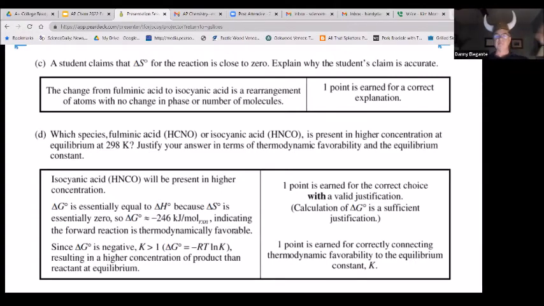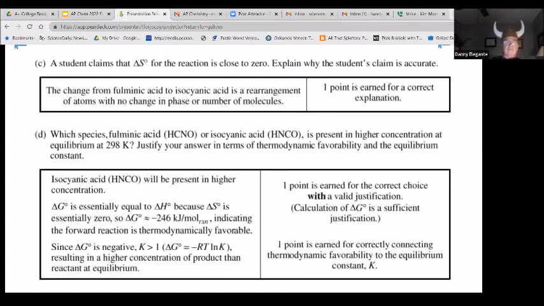And this last part I'll let you look at, but basically we want delta G to be negative. So if you had a value for delta H of -246 and delta S is pretty much 0, then that means that delta G is pretty much -246. So if you calculated delta G and said it's thermodynamically favorable, you get a point, right?